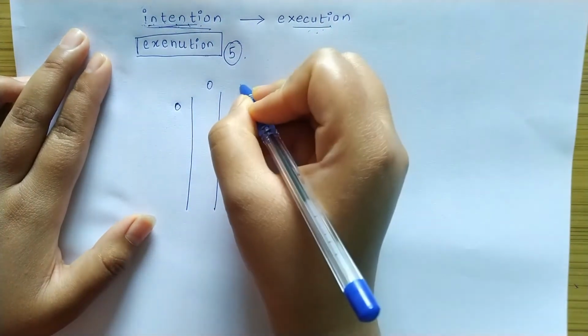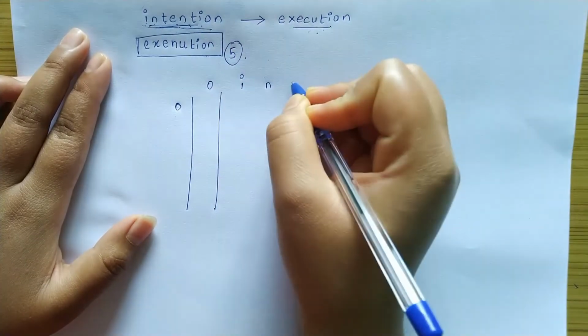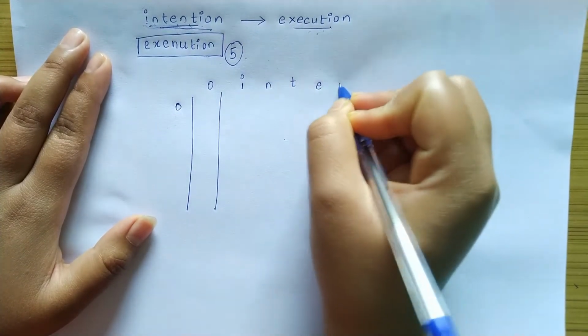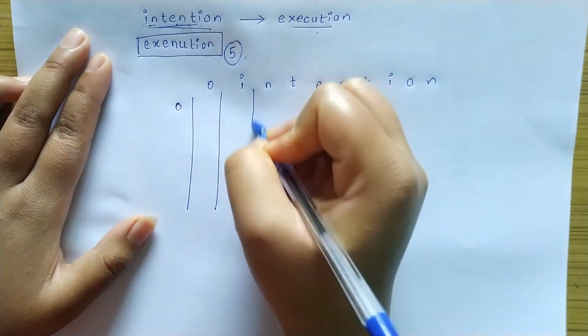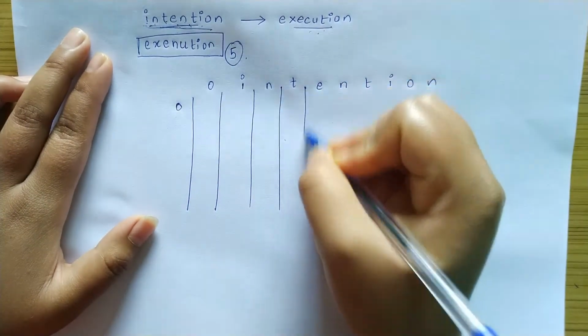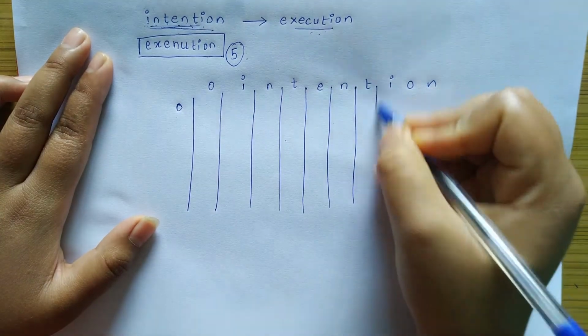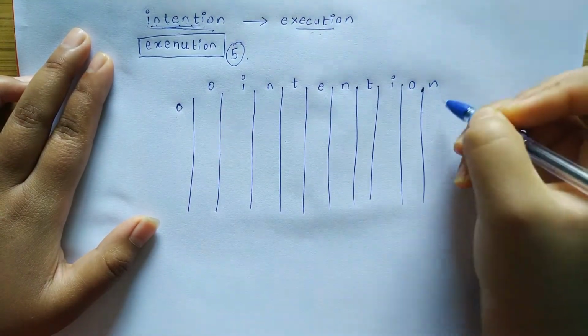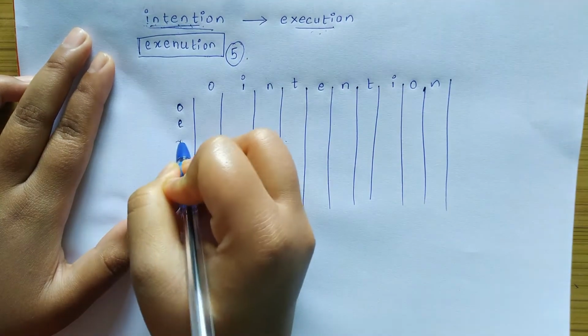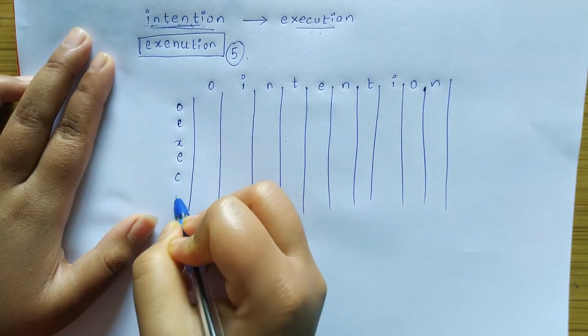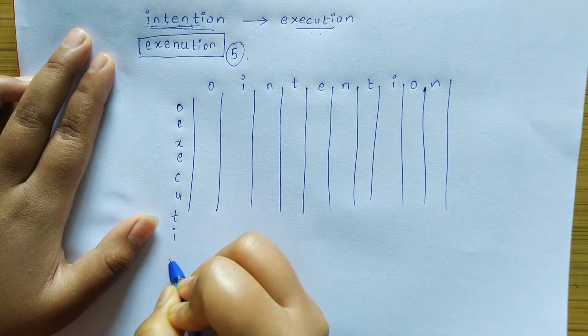So we have I, N, T, E, N, T, I, O, N, and on this side we will keep EXECUTION: E, X, E, C, U, T, I, O, N.